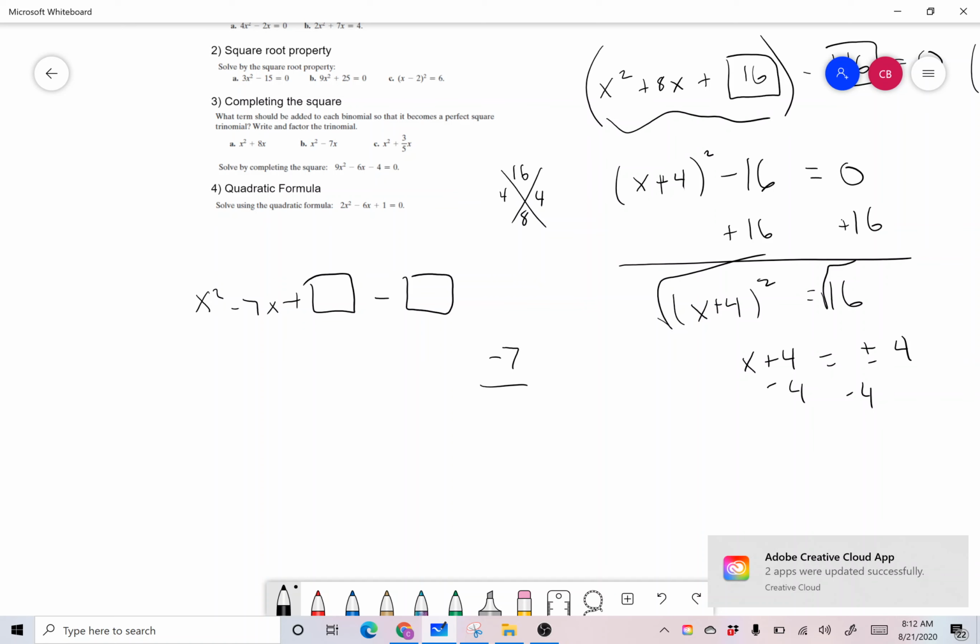Notice I took the negative sign. Negative 7 over 2 squared, and that is going to be 49 over 4. So I'm going to add 49 over 4, and then subtract 49 over 4.